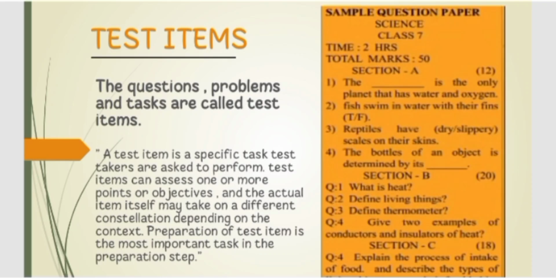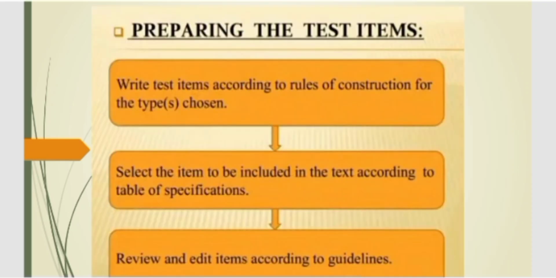Now moving to the next slide. Preparing the test items. Write test items according to the rules of construction for the type chosen. Whatever type of test item you choose, it should be according to the rules of construction. Now the second is to select the items to be included in the test according to the table of specification.